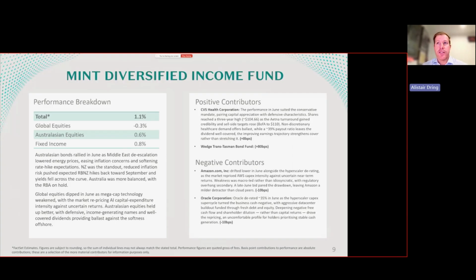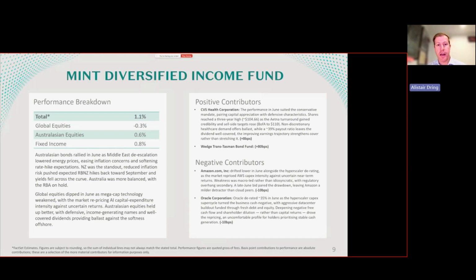Looking at the diversified income fund, a 1.1% return for the month, which was good, largely led by the fixed income component. The team at Wedge have taken over the reins of running the fixed income portfolios for the diversified funds and have been doing a great job thus far. They're largely close to benchmark from a duration perspective.